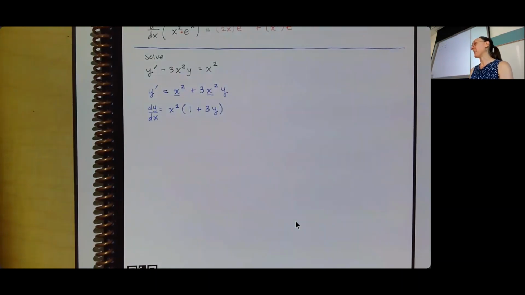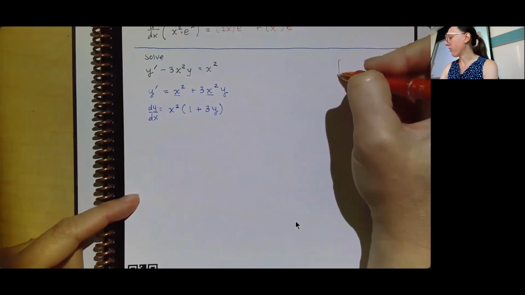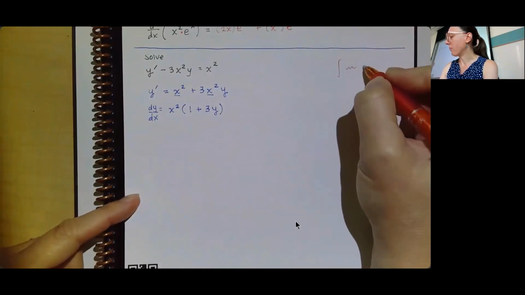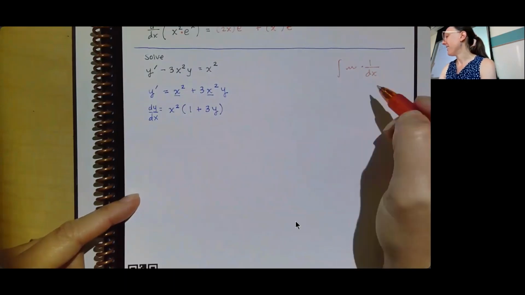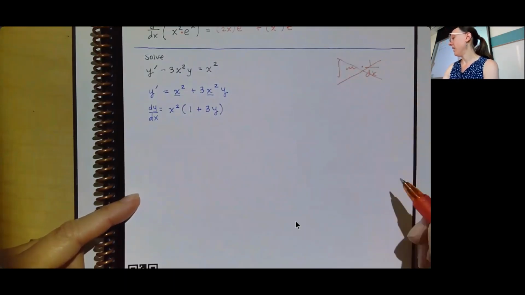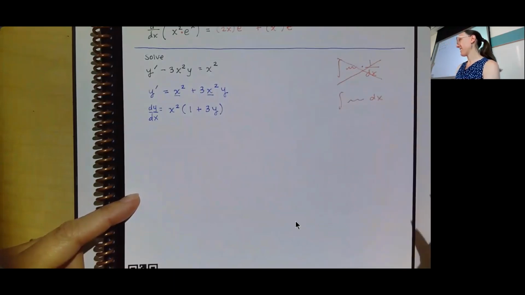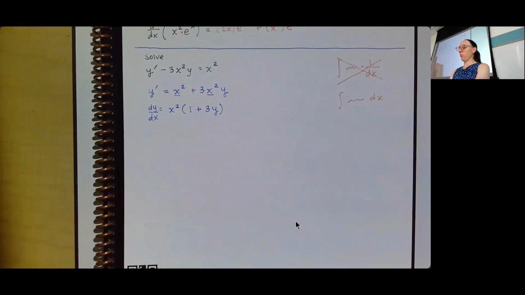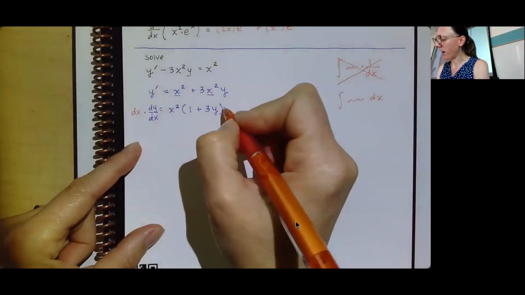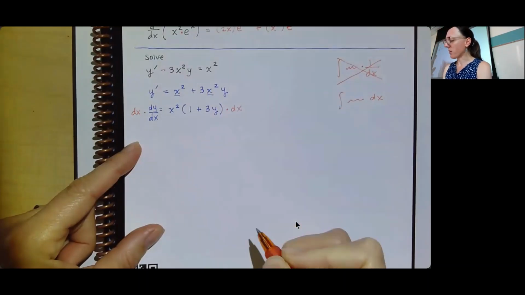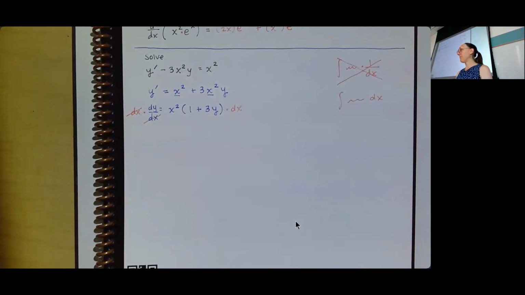What I mean by that is we don't have a way to take the integral of something times 1 over dx. That's not a thing. But I can take the integral of something times a dx. So when I'm looking at this, I don't get a choice. I have to multiply by dx on both sides so that it's not in my denominator anymore.